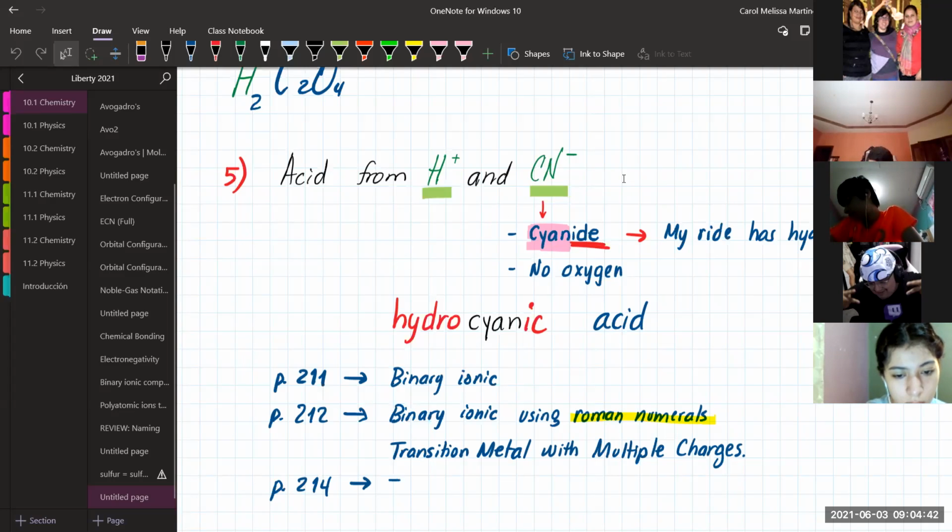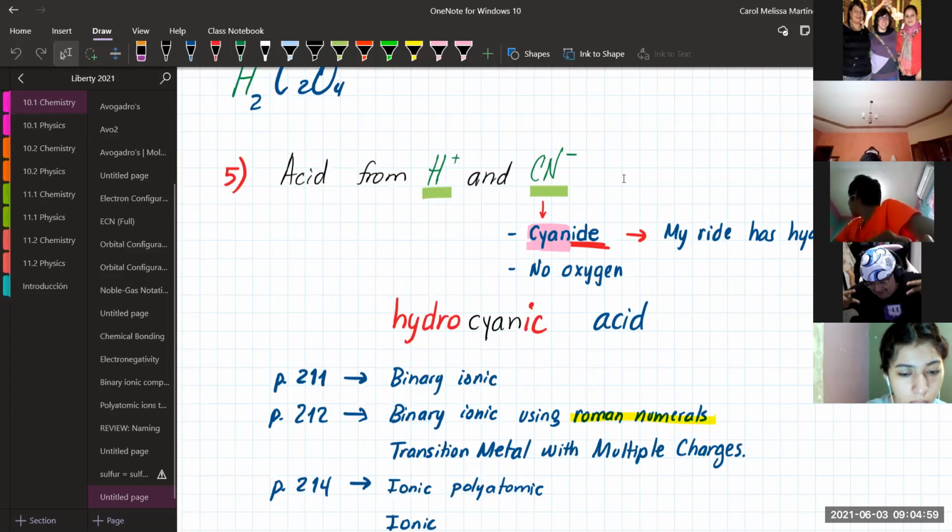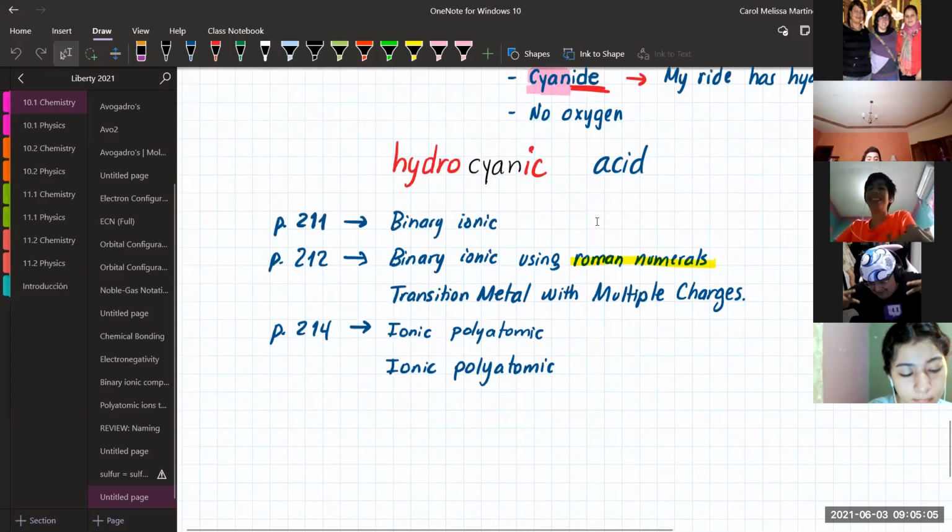ionic polyatomic, but it also includes the topic ionic polyatomic for transition metals, because you can see that some exercises include Roman numerals, okay?